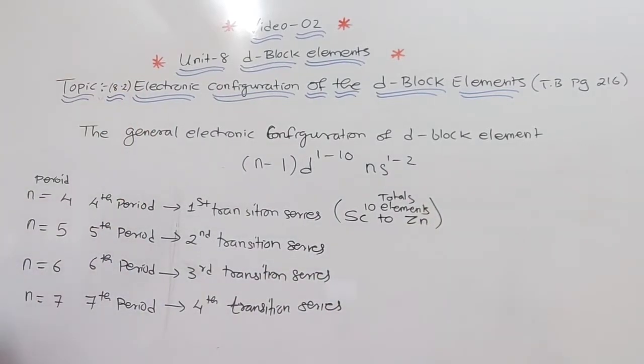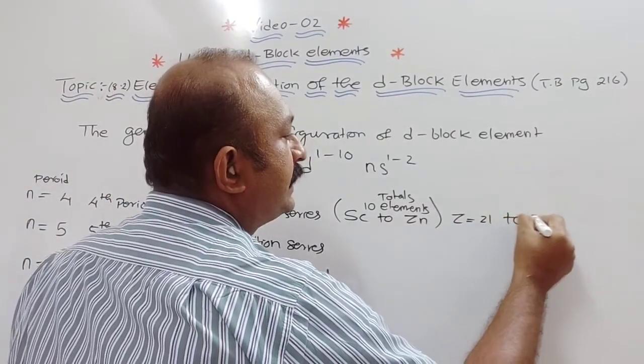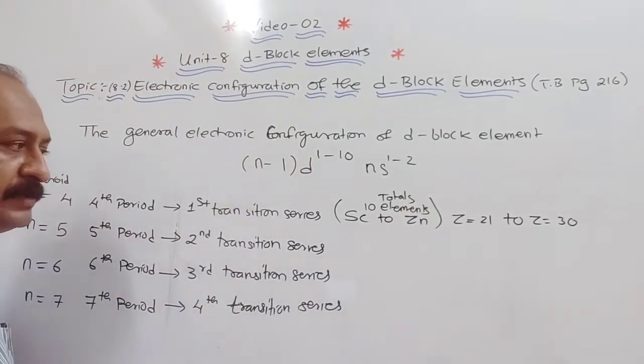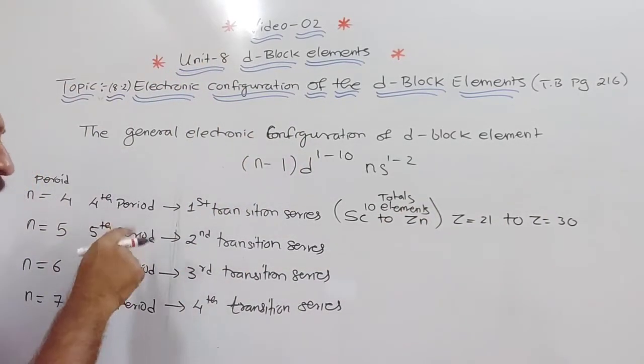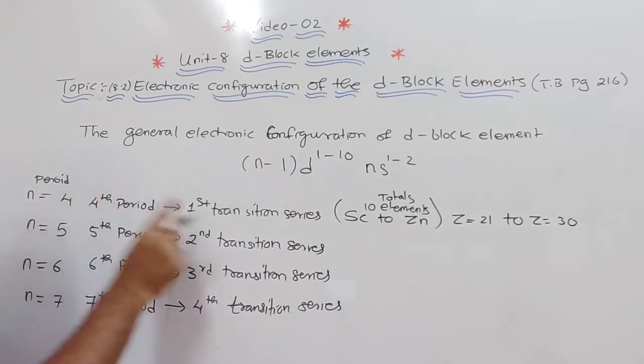Scandium to zinc means from Z is equal to 21 to Z is equal to 30. Which series I will explain later, but remember this: in the fourth period the d orbital starts, that is n is equal to 4.